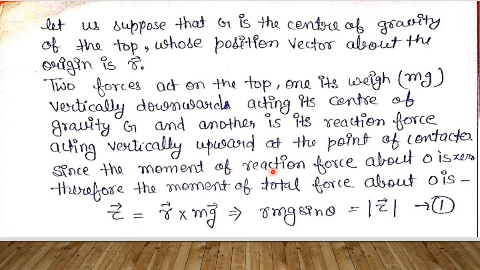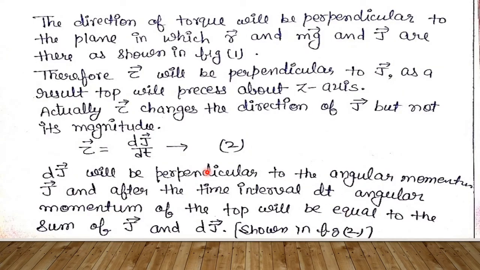Since the moment of the reaction force about O is 0, the moment of total force about O is tau equals R cross mg, which we can write as R mg sin theta.